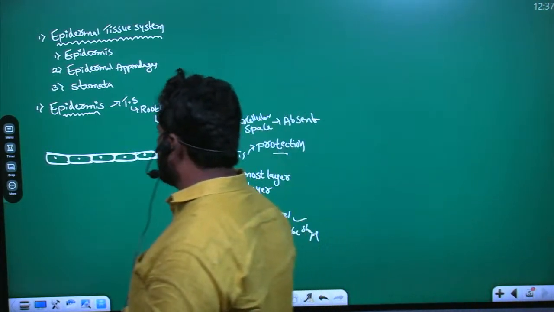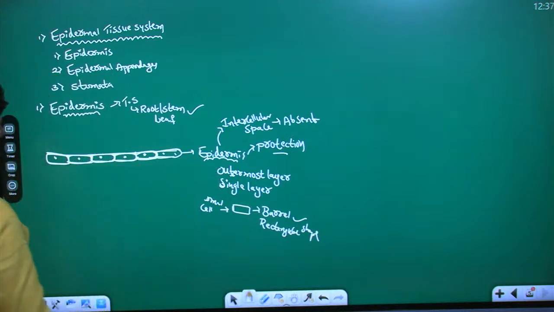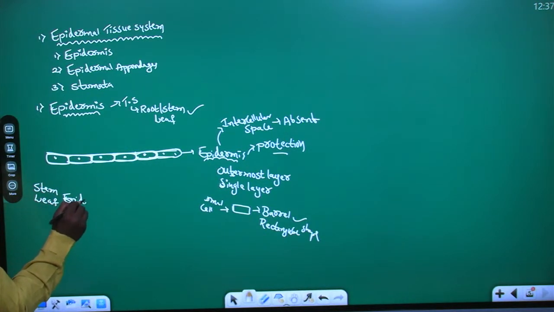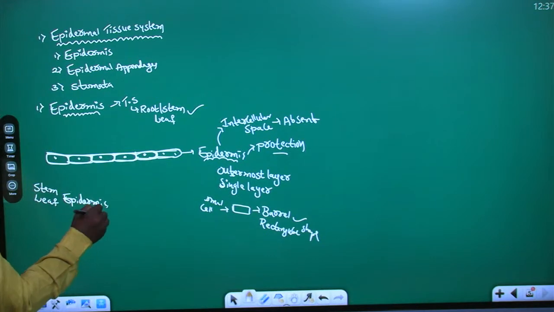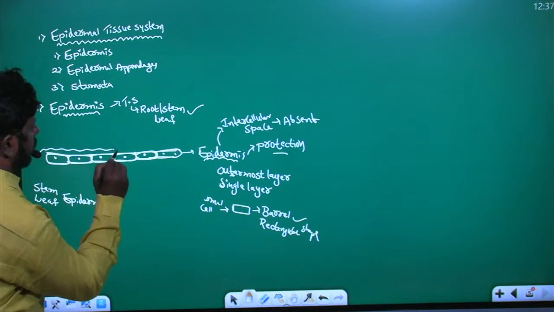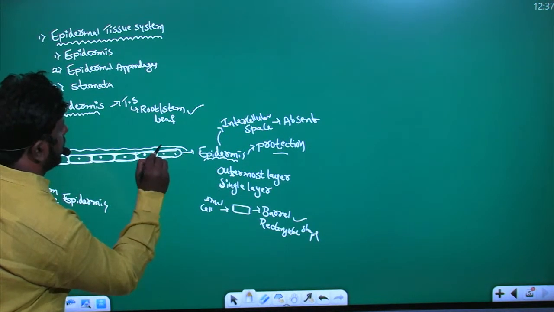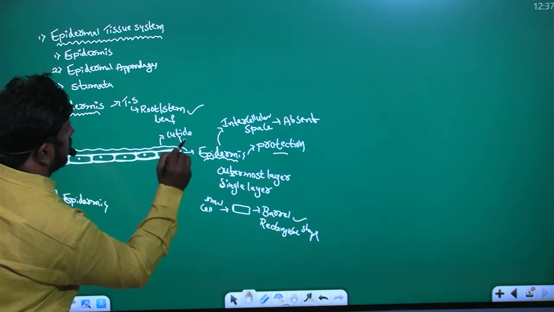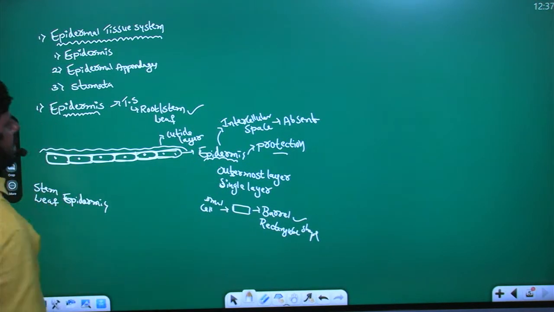Okay, listen, look here once. For example, if you take stem epidermis as well as leaf epidermis, it is covered with one thick layer that is called the cuticle layer.